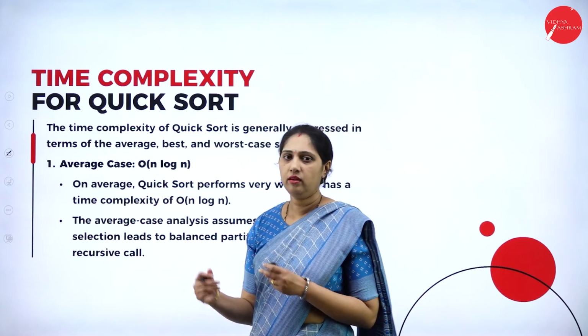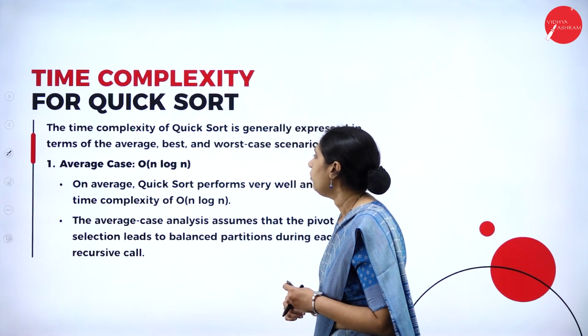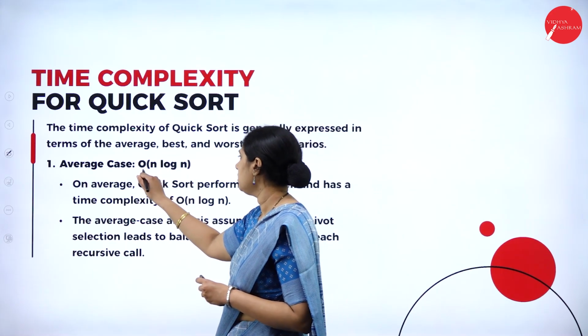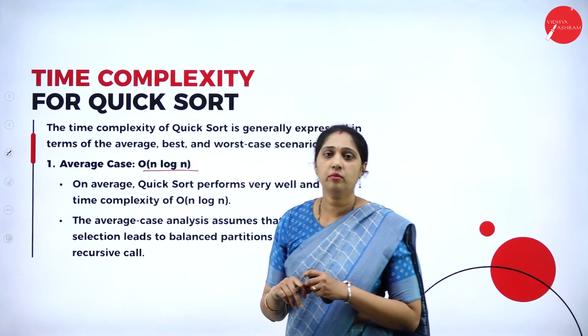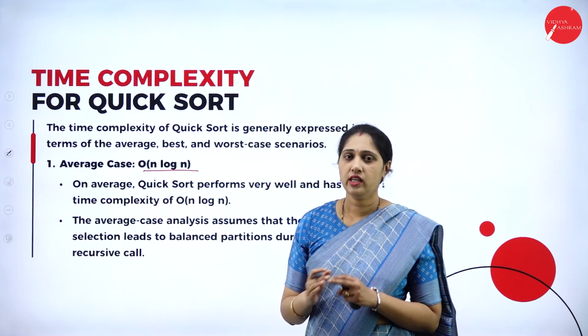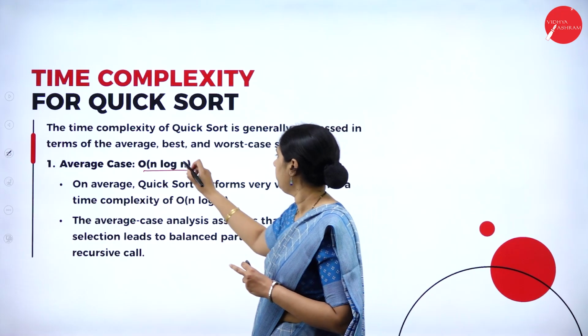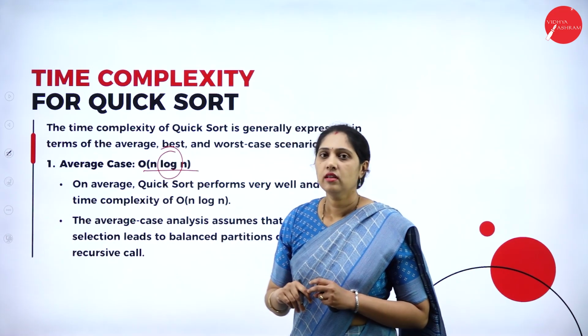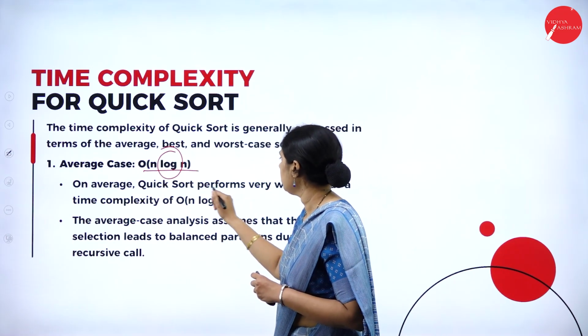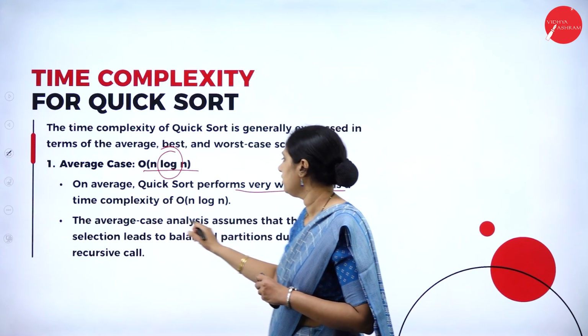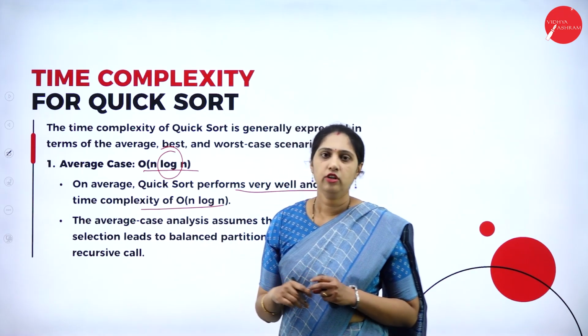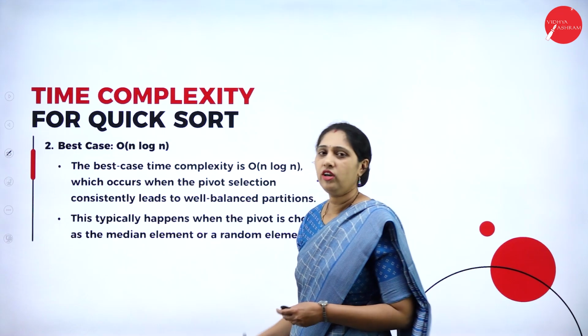So when we come to the time complexity, what is the time complexity? Here also it is the same thing as we discussed in our merge sort: n log n. When I say divide, it is represented with log. So on an average case, quick sort performs very well, as the time complexity is big O of n log n. What about best case?